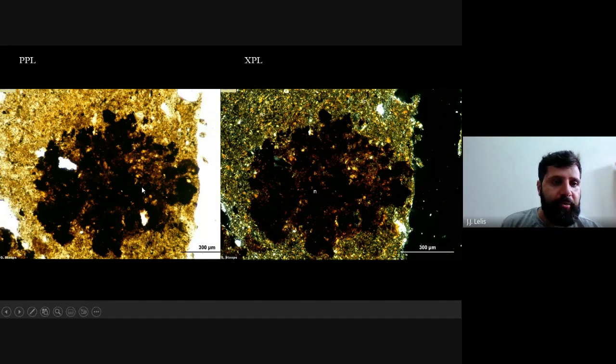We can also see this material, this nodule, with an increase of iron and or manganese, probably a lot of manganese in this case, and you can easily see a variation of manganese and iron content in the fabric of the horizon and inside this nodule.